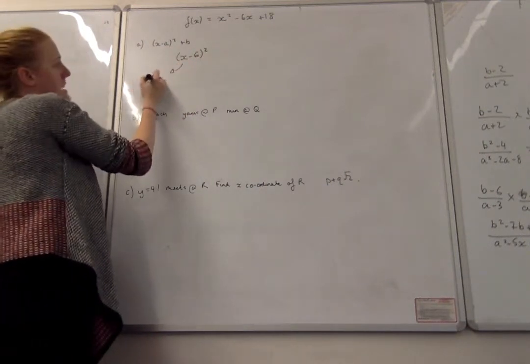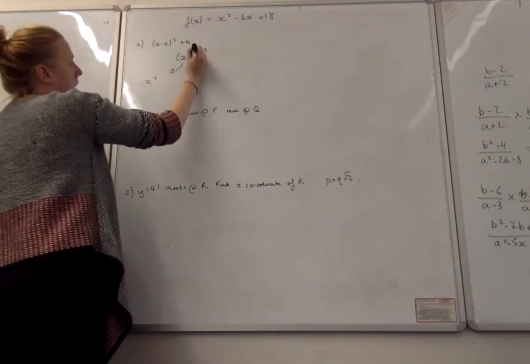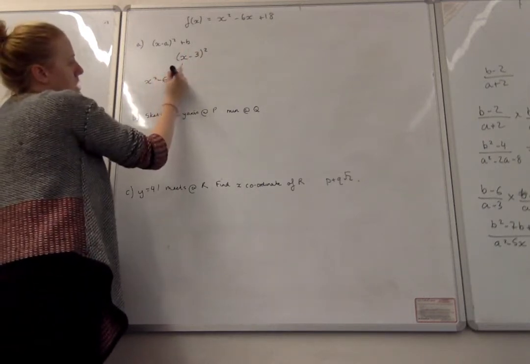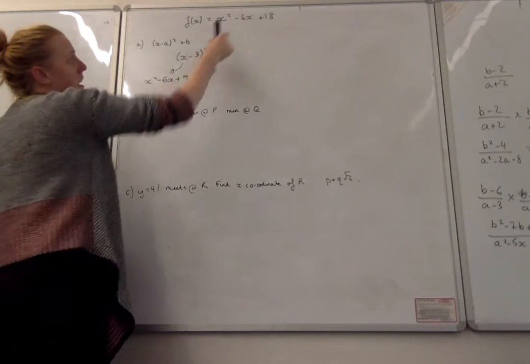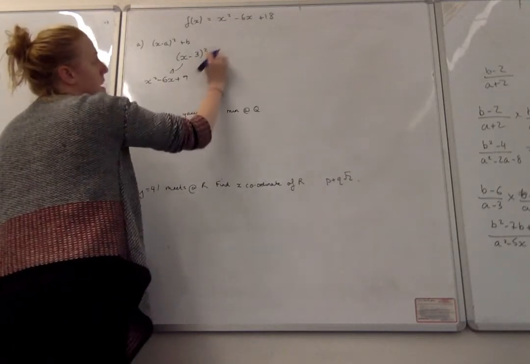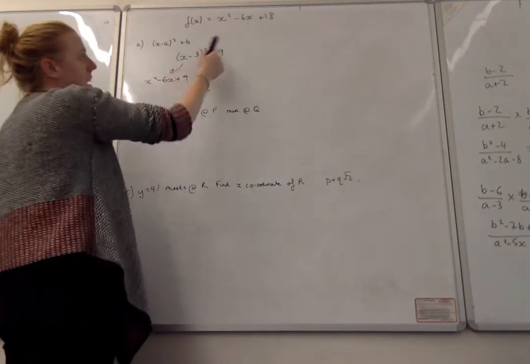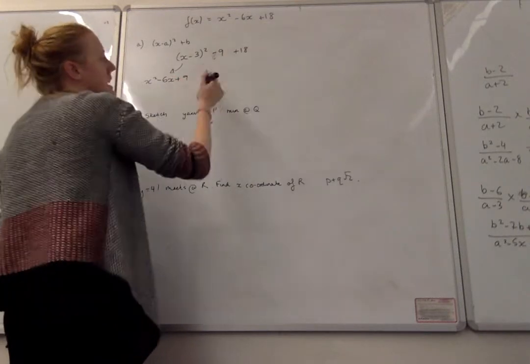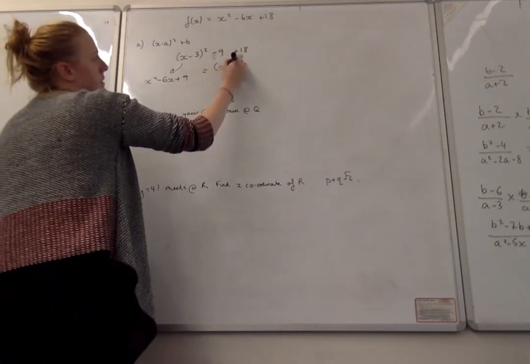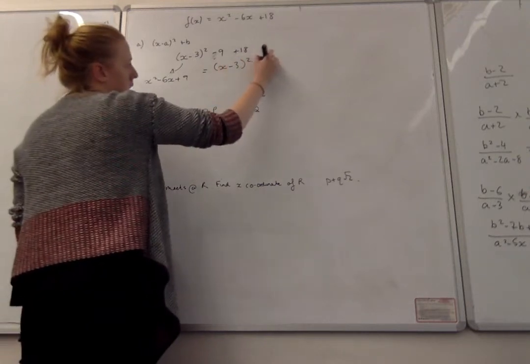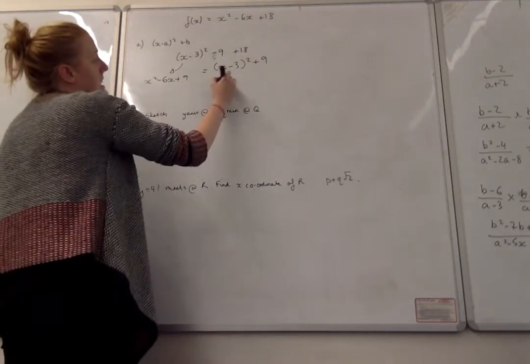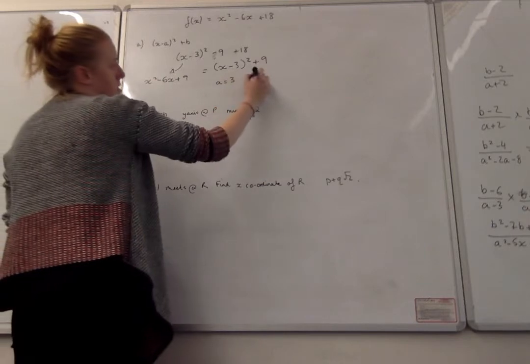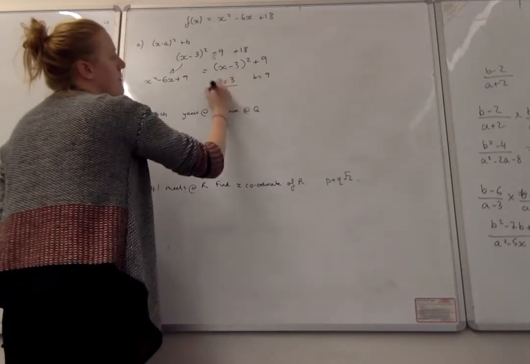If this was the case, I would have an extra 9 that I don't need. So I have to make sure that I take that away to counteract that this gives me an extra 9 and add on what I do need. This simplified will simply give me this, and to be really neat, I will summarise what A and B are.